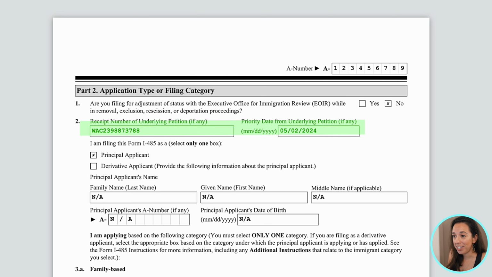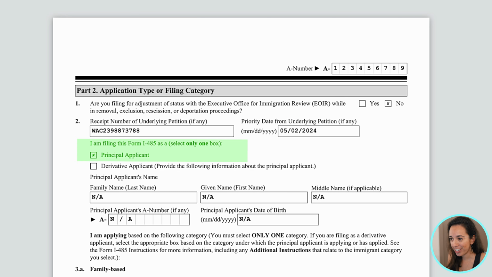And this is your WAC number that you received with the original I-129F petition, which should be on your NOA 1. And the priority date is your NOA 1 date. So ours was, for example, May the 2nd, 2024.